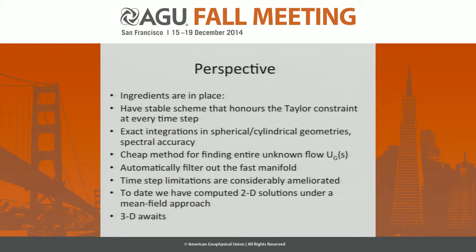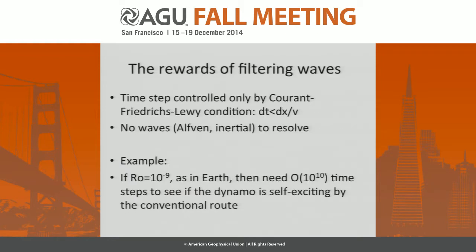So we're just trying to put the ingredients in place. The rewards of filtering waves are the following. The time step is now controlled only by the CFL condition, and you have no alpha, no inertial waves to resolve. So, for example, if you're interested in reversals, or if you're interested in showing a dynamo working over decay times, if you really were to work at the parameter appropriate to the Earth, Rossby number of 10 to the minus 9, you would need to take something like 10 to the 10 time steps to see if it's self-exciting.